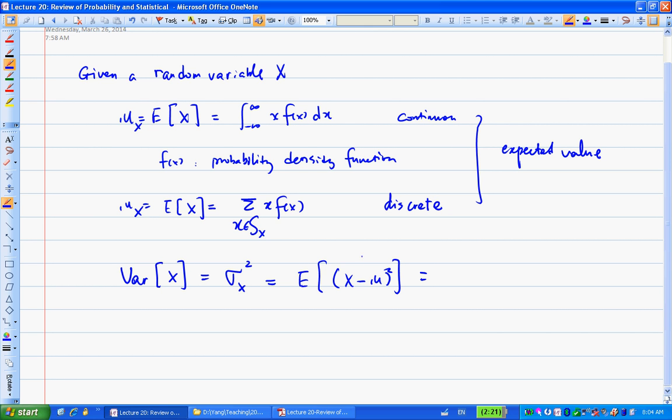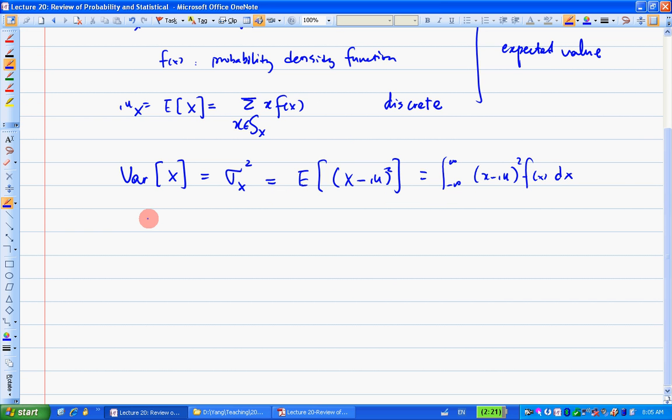In terms of formula, because the expected value of X is this, then the expected value of X minus mu squared is the integral of X minus mu squared f of x dx. So that's variance. Variance basically is a sum of the squared difference between the value x and the mean value mu. This is for continuous.